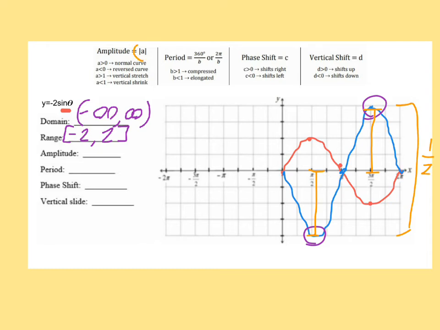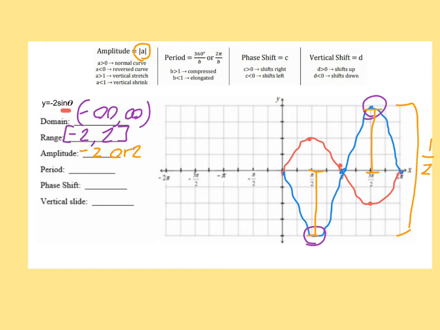And remember, our amplitude is always going to be positive. But I will accept either negative 2 or 2. Technically, 2 is the more correct answer because it shows that you did the absolute value and got your absolute value of 2. But why will I accept a negative 2?